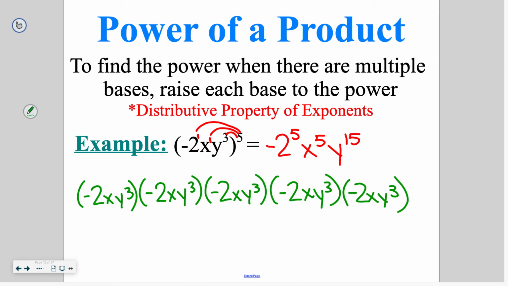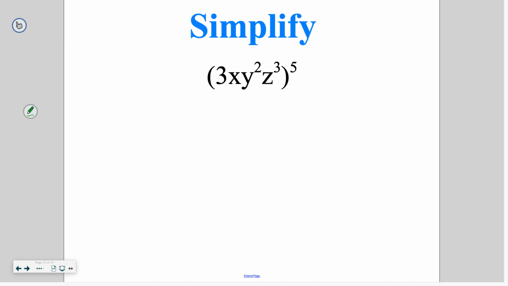So -2 to the 5th power. X, x, x, x, and x gives me x to the 5th. 3 y's, another 3 y's, another 3 y's, another 3 y's, and another 3 y's gives me y to the 15th. So again, if you have multiple things being raised to the power, each individual piece needs to be raised to that power, just like a distributive property.